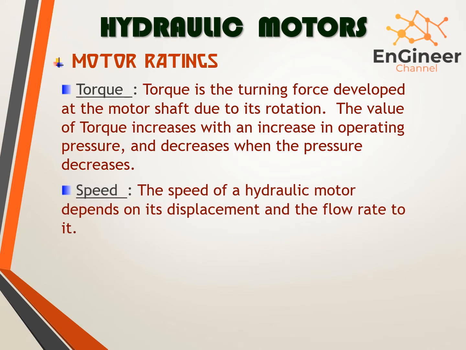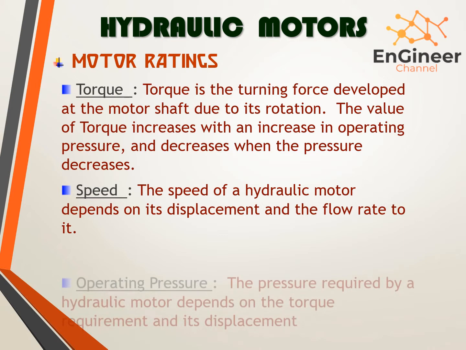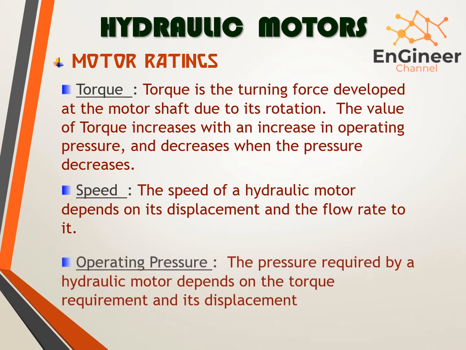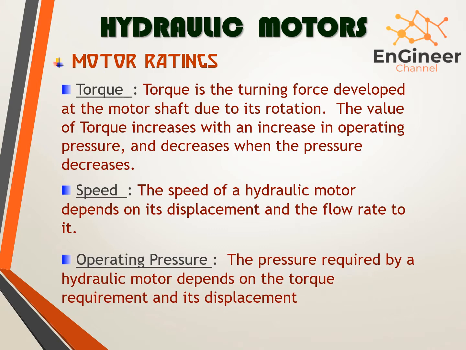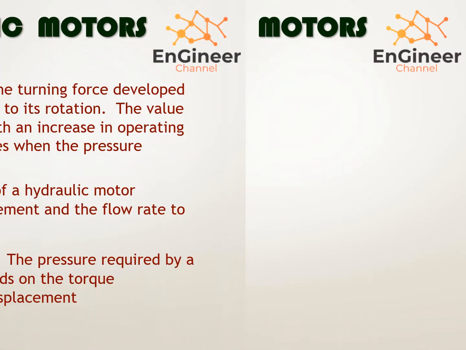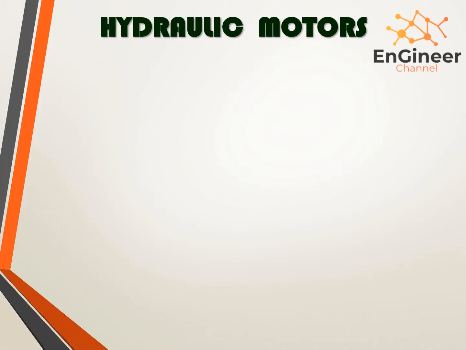The third parameter is the speed of the hydraulic motor, which depends on its displacement and the flow rate to it. And the last one is the operating pressure. The pressure required by the hydraulic motor depends on the torque requirement and its displacement. So now let's see how we choose a motor.